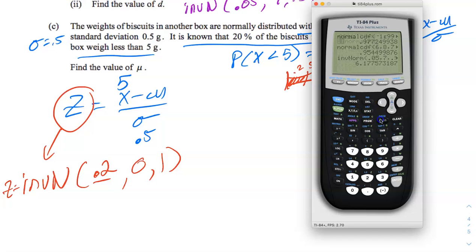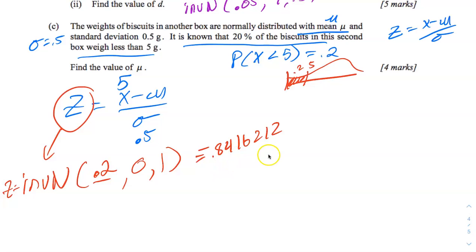Second distribution, inverse normal, 0.2, 0, 1. So negative 0.841612. Negative. Remember, I don't have an answer yet, there's not an answer to this question, so I don't round until the very end. So that's what my z is.